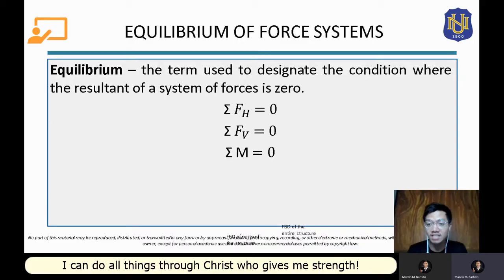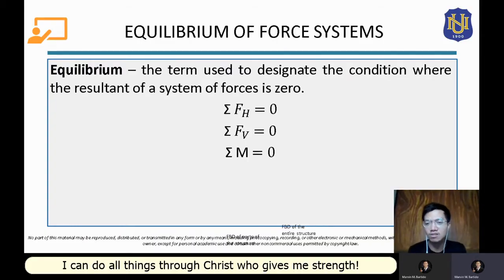And also, if the resultant is zero, therefore its vertical component will also be zero. The vertical component is equivalent to the summation of all the vertical components of the forces in the system, and that is ΣFy, and that will also be equal to zero. And if our resultant is zero, therefore the moment of the system will also be zero.